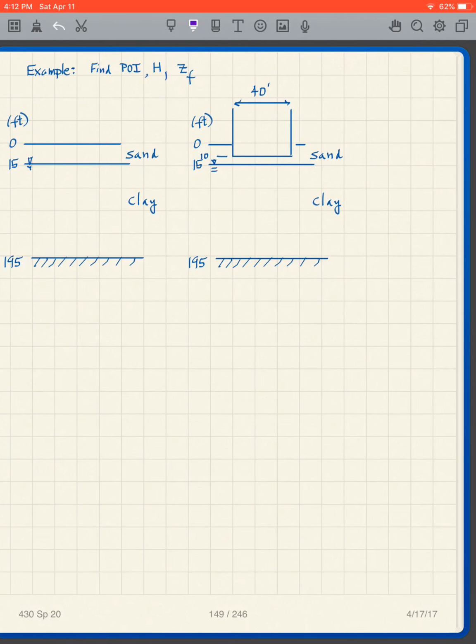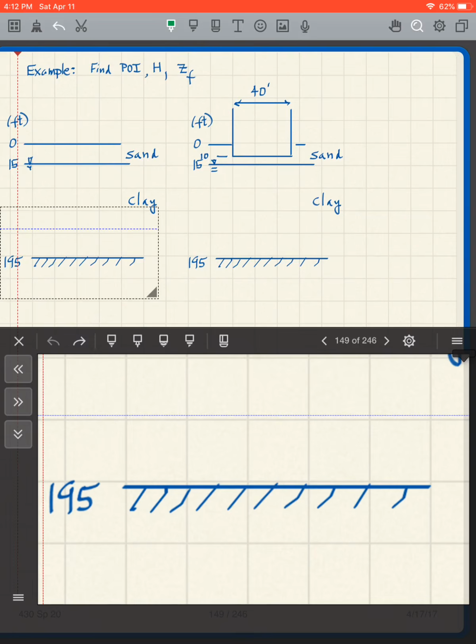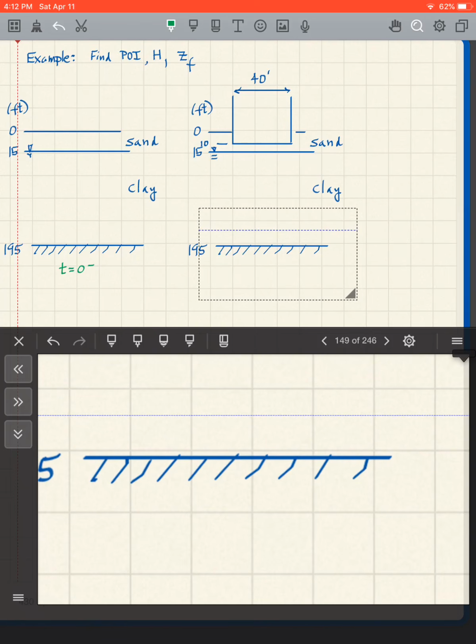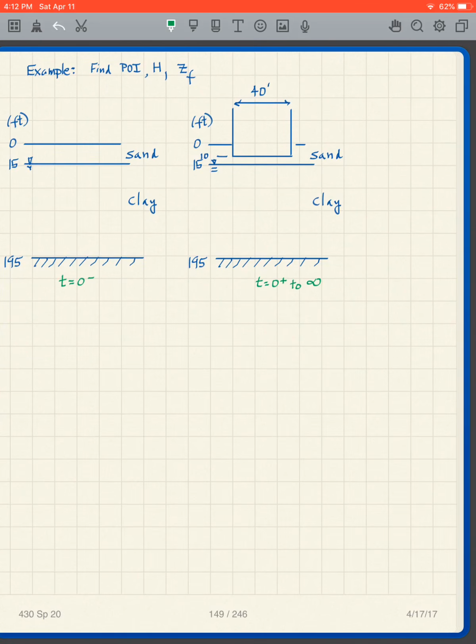Here's our, I guess it's not labeled here, but this is our T equals 0 minus, and this is our T equals 0 plus to infinity situation. So why don't you pause the video, find the depth to the point of interest, the H and the Z sub f for this situation.